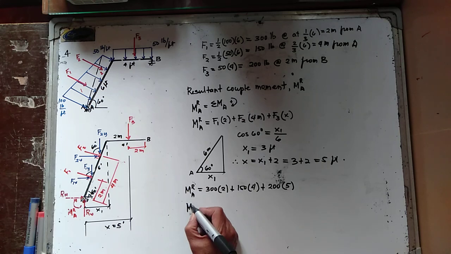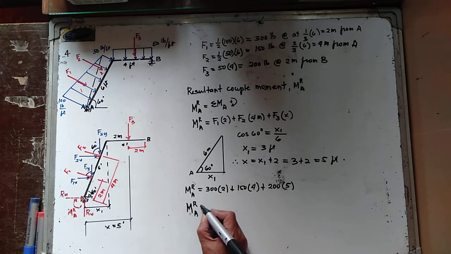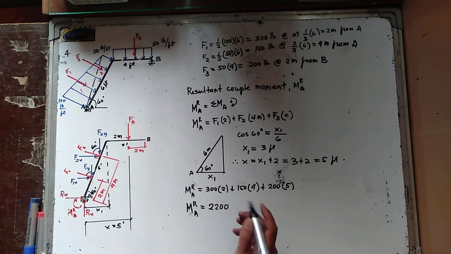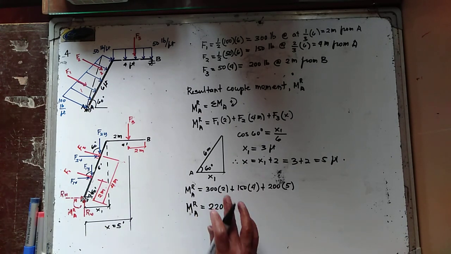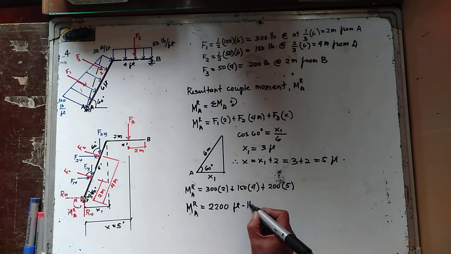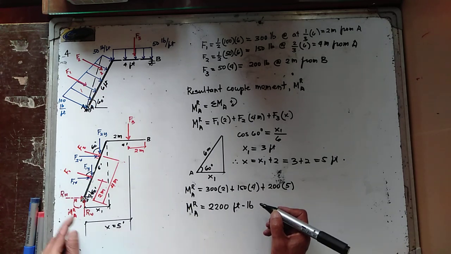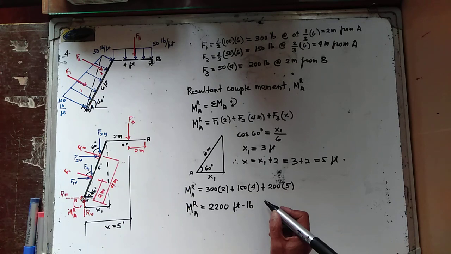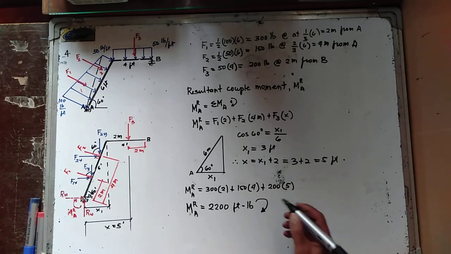We now have the resultant couple moment acting at point A. And this is equal to 200, that is pounds, that is foot. So it is pound foot, or we can write that as foot pounds. So we have a positive value. Therefore, the assumed direction of the moment, the resultant couple moment at point A, is a clockwise moment.